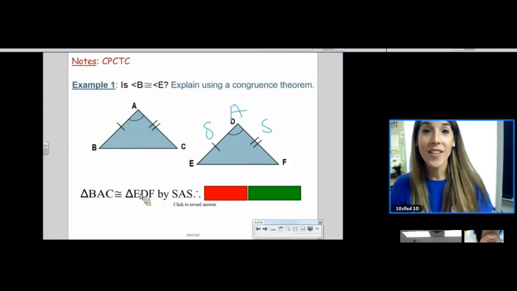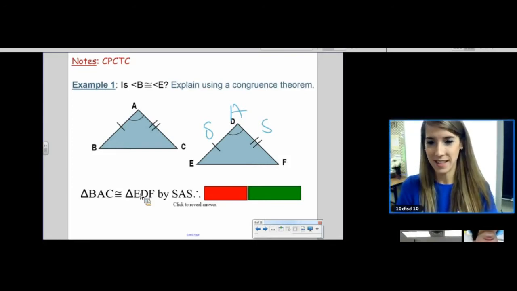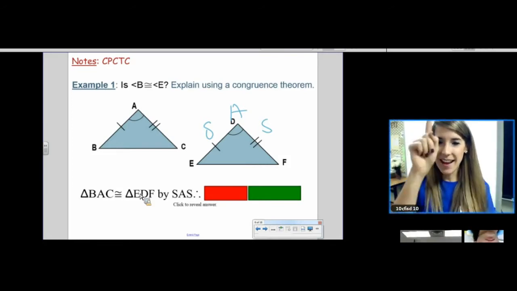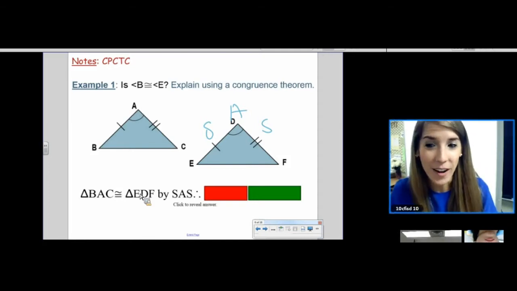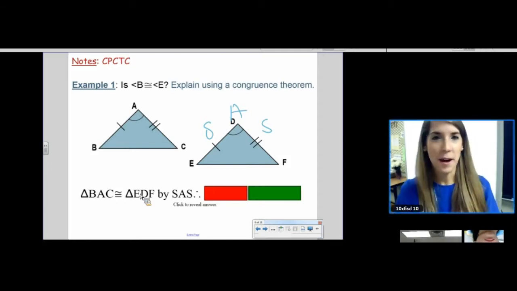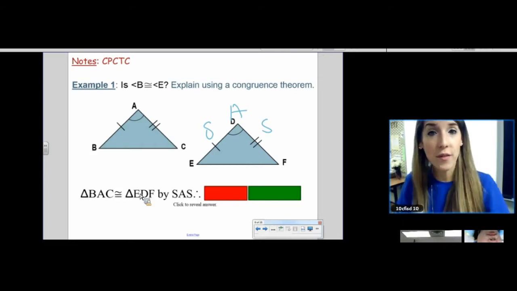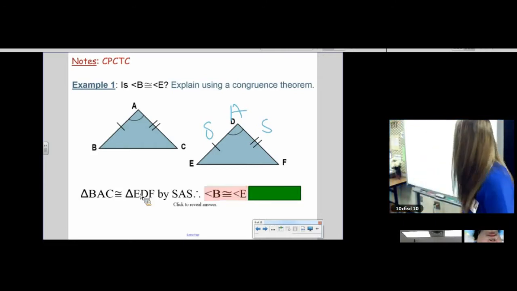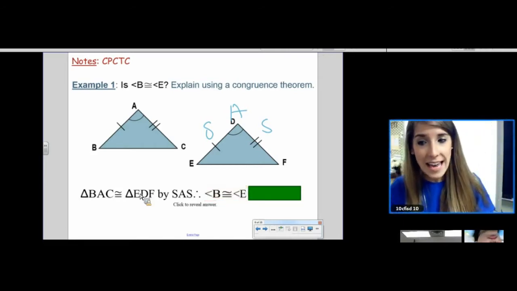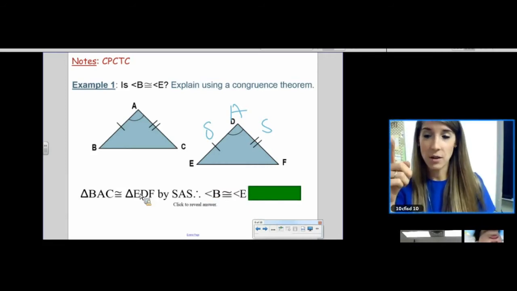I used it all the time in college in my proofs. Anybody? Ooh, Angela got it. It means therefore. It does. So do you have to write out the word therefore? Nope, you can just use the dots. So the triangles are congruent by side angle side. Therefore, angle B is congruent to angle E. That was what the question was.